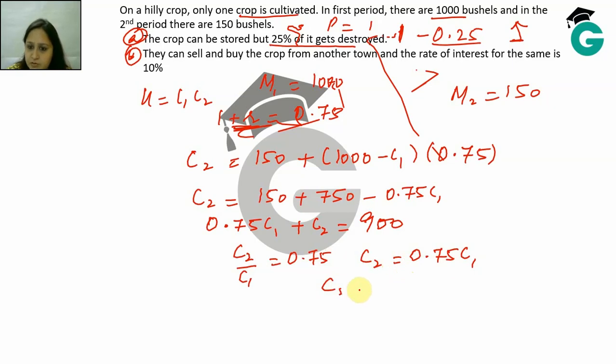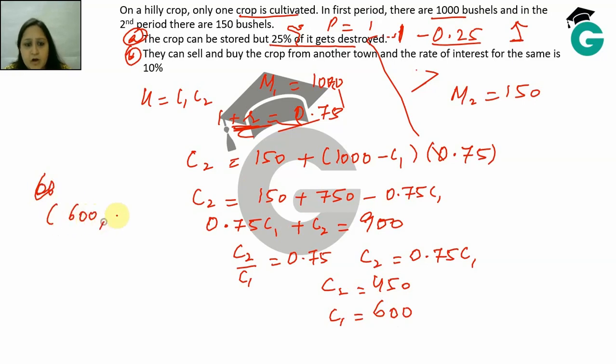So C2 is 450 and C1 is 450 upon 0.75, which comes out to be 600. So my A part ka bundle is 600, 450. This is my answer for the A part.